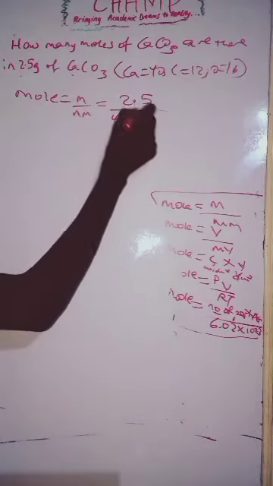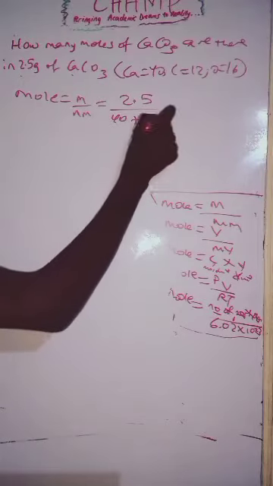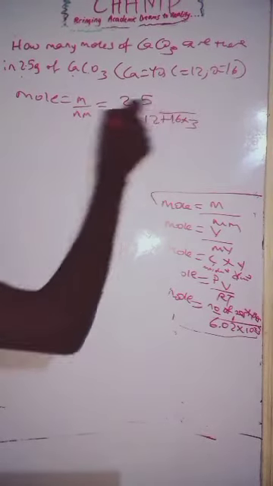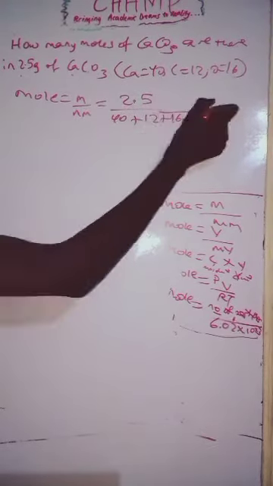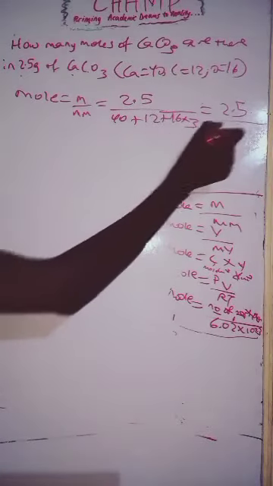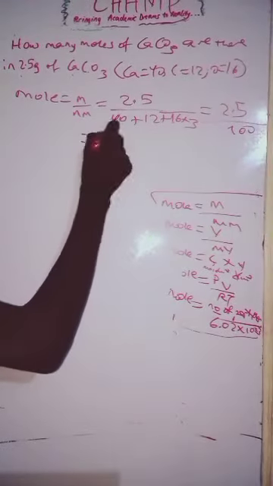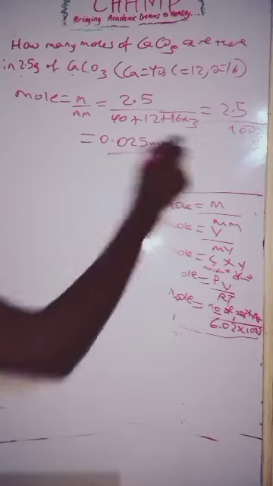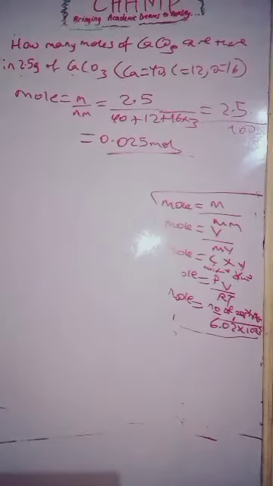Ca is 40 plus carbon is 12 plus oxygen is 16 times 3. 40 plus 12 is 52, plus 16 times 3 is 48. So 52 plus 48 will give you 100. That's 0.025 moles.